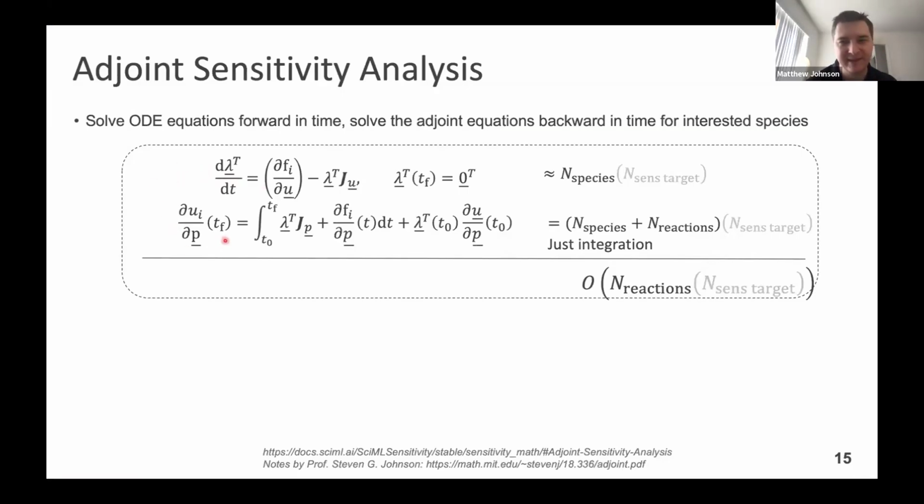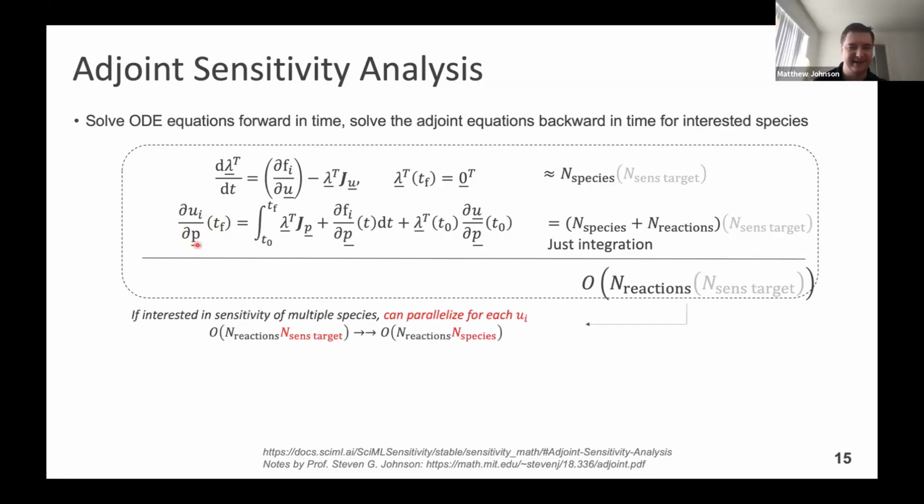sensitivity equations. What this essentially amounts to is we integrate the ODE forward in time to a given time point, and then we integrate these adjoint equations backward from that time point. These adjoint equations give us the dU_i/dP vector that we really want.